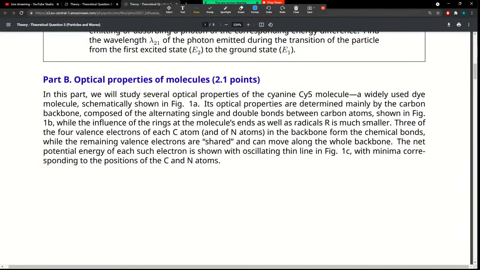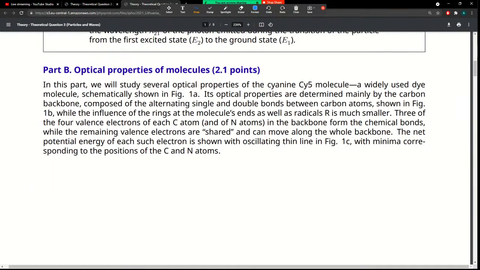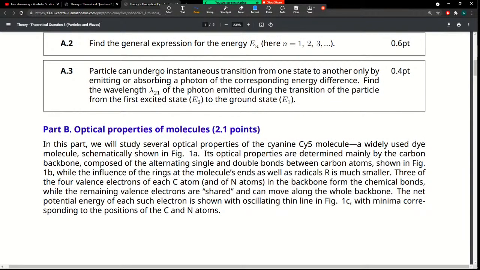So, let us continue to part B. Okay, this looks harder already. Yes. Optical properties of molecules. In this part, we will study several optical properties of the cyanine CY5 molecule, a widely used dye molecule schematically shown in figure 1a.